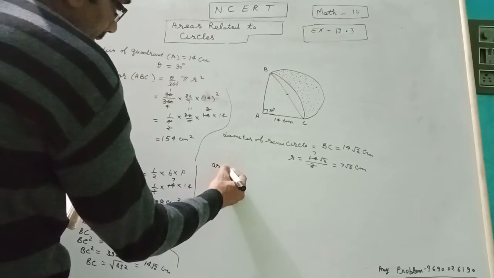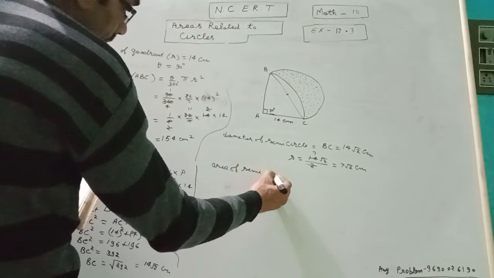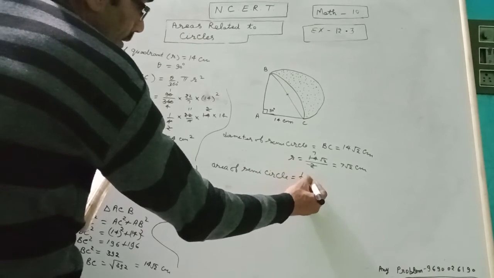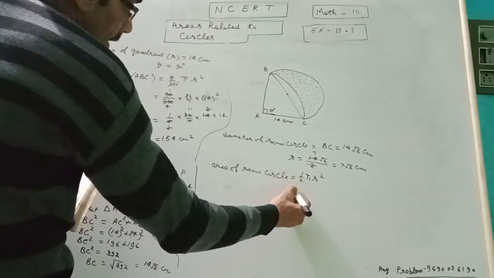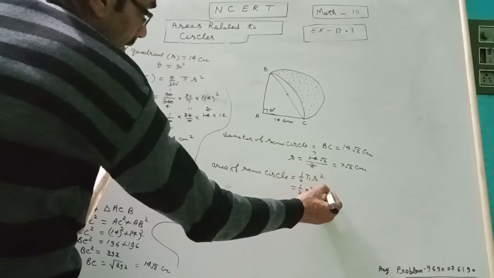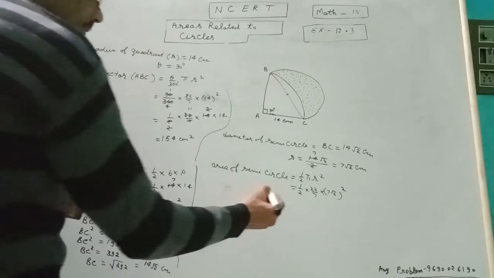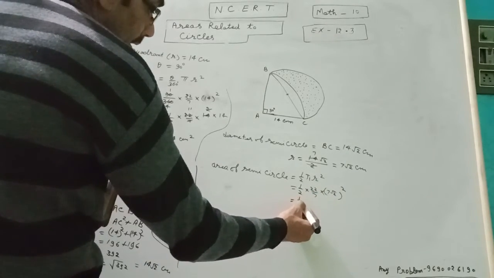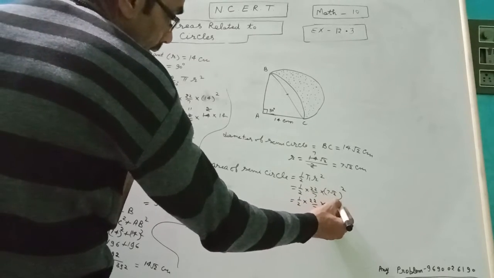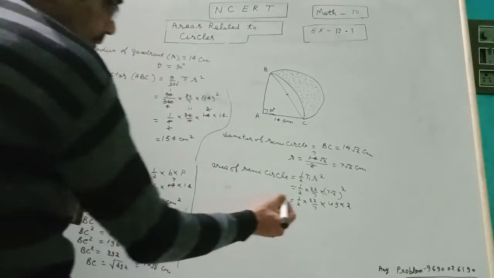Area of semicircle is equal to 1 by 2 pi r square is the formula. 1 by 2 into 22 upon 7, and 7 under root 2 is the r value, so 1 by 2 into 22 upon 7 into 49 multiplied by 2.